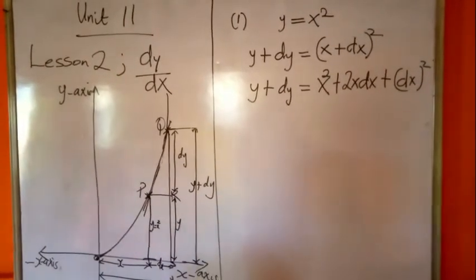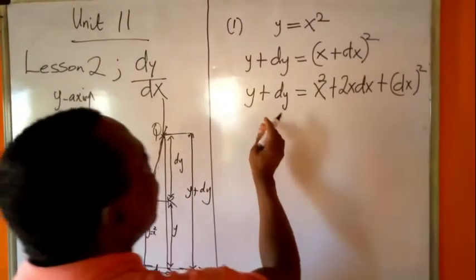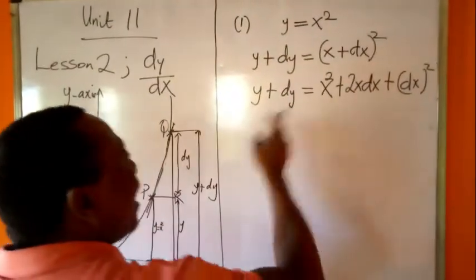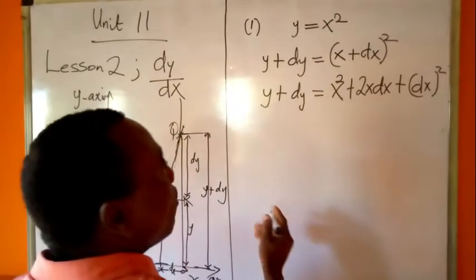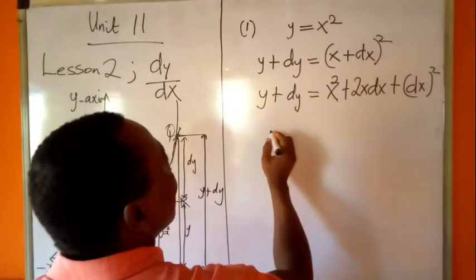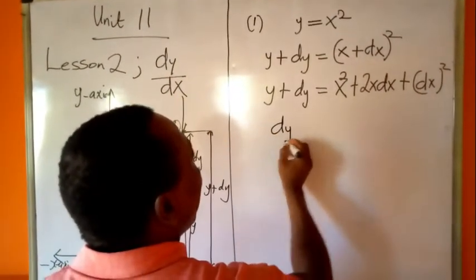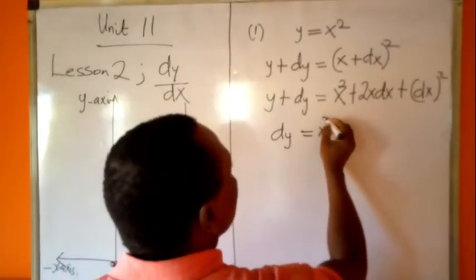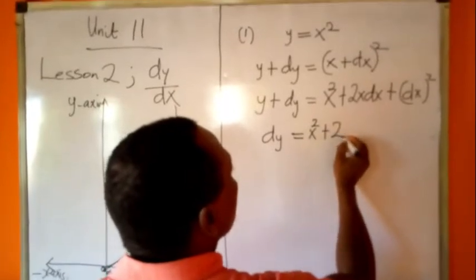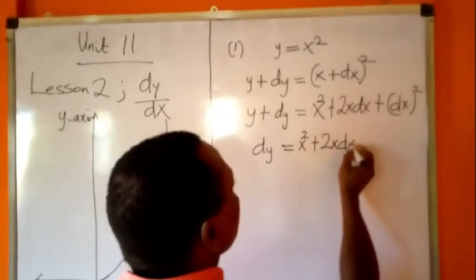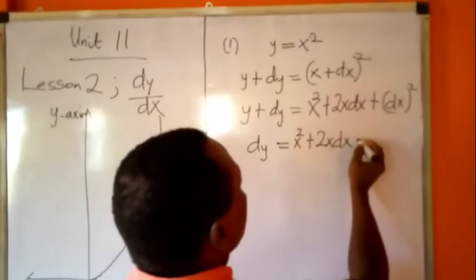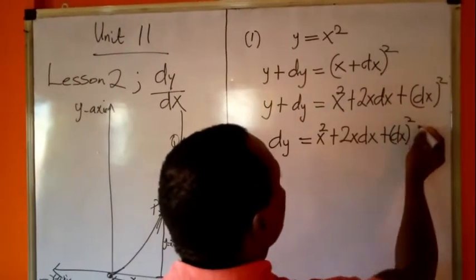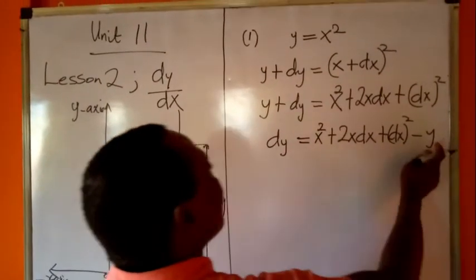So what do we do? You move y to this side so that you can have dy. So we can say now that dy is now equal to x squared plus 2x dx plus dx all squared minus y. Now you should know what y is.